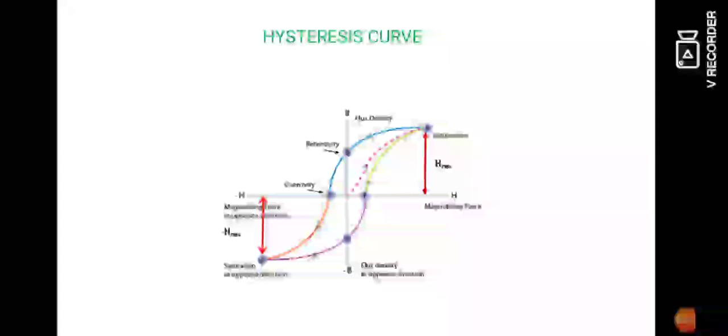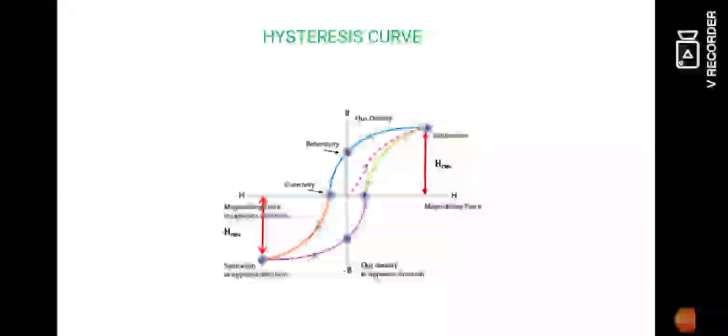Instead, it takes a new path, gradually decreasing from A to B, where B is on the y-axis. Even though the external magnetic field value H reached 0, the magnetic induction B value will not be 0.